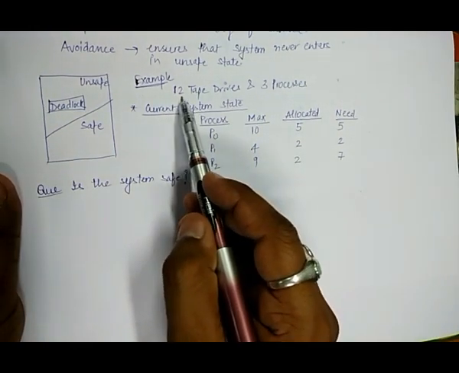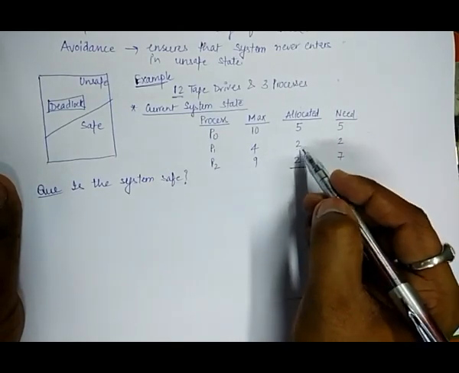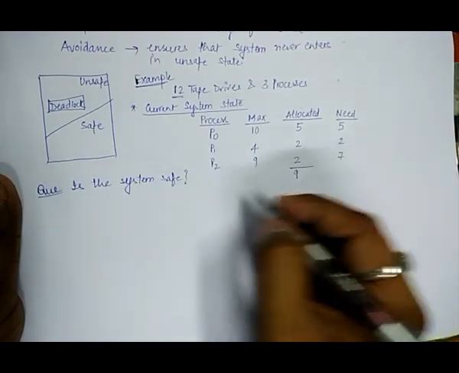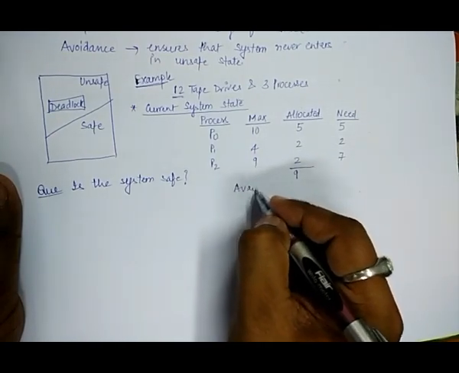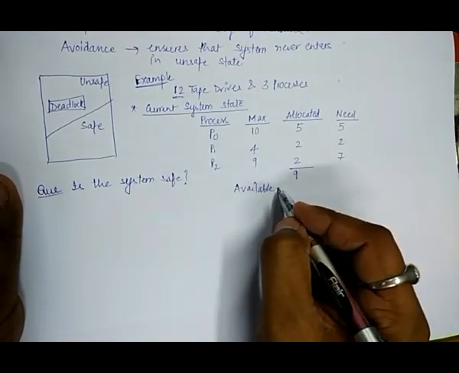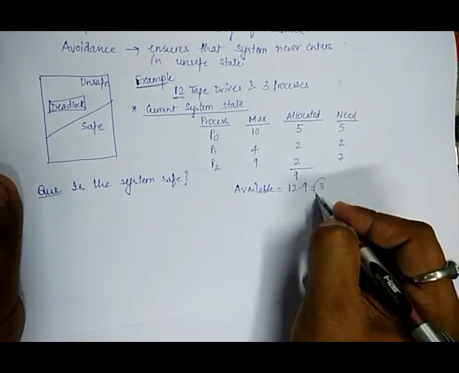And how many resources do we have in total? In totality we have 12 tape drives, and currently allocated ones are 5 plus 2 plus 2, that is 9. So out of 12, 9 are allocated, so available will be 12 minus 9, that is 3.